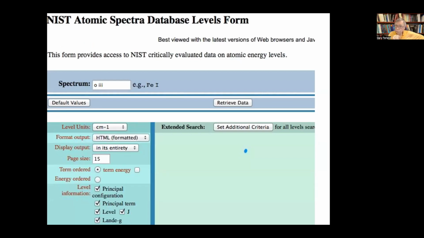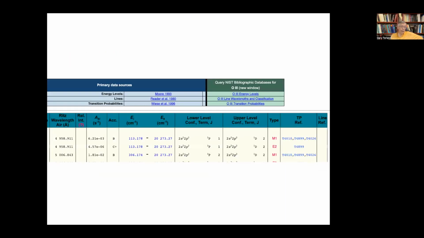If we stick with O3, the strongest lines in an H2 region, and query NIST about O3, this is their query form, and if you hit send, and focusing now on the region in the green part of the spectrum, it gives a lot of summary information, but it found three possible lines around where the O3 line is. And two of these are the strong O3 optical collision excited lines.